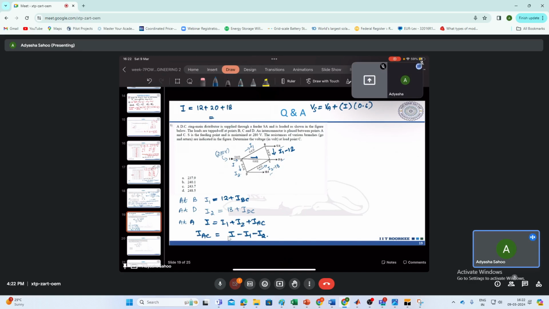So that gives us 50. You know VS is 280, so VA is 280 minus I, which is 50 into 0.6. So that will come out as 250.